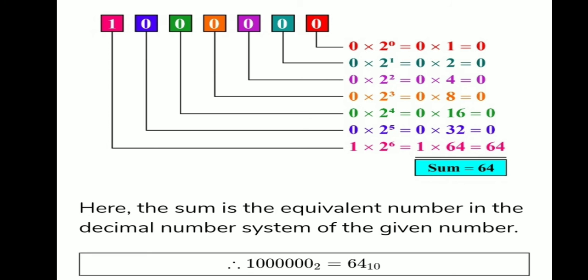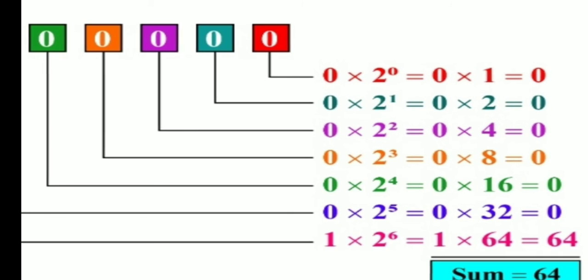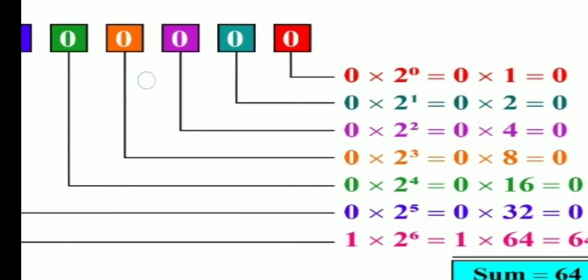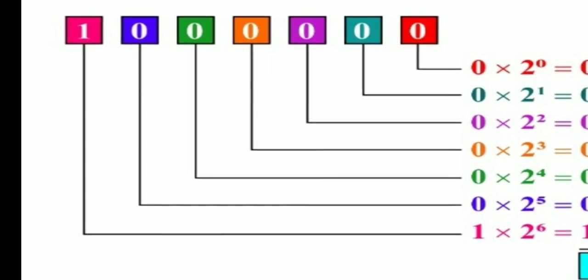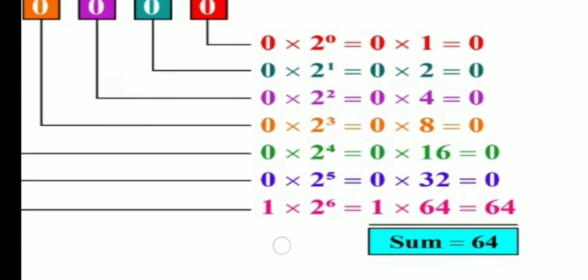So here the face value is 0, and the positional value is 2 to the power 0. So this is 2 to the power 0, this one is 2 to the power 1, this one is 2 to the power 2, and this will keep on increasing when you move from left to right. 0 1 2 3 4 5 6. This is what we learnt in last session, how to represent a number. The same is used here.